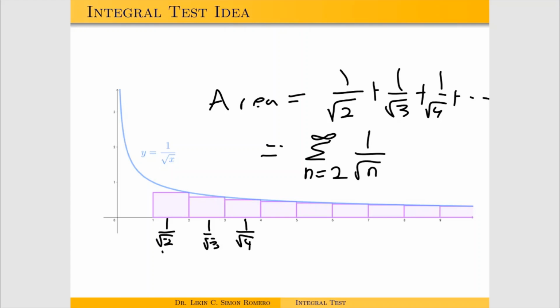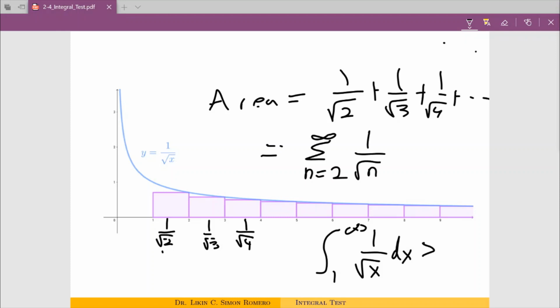Notice here that the only difference between this sum and the sum on the previous slide was that we started at n equals 2. And thus we see that the inequality we get here is that our improper integral of 1 over the square root of x is going to be greater than the sum from n equals 2 to infinity of 1 over square root of n.